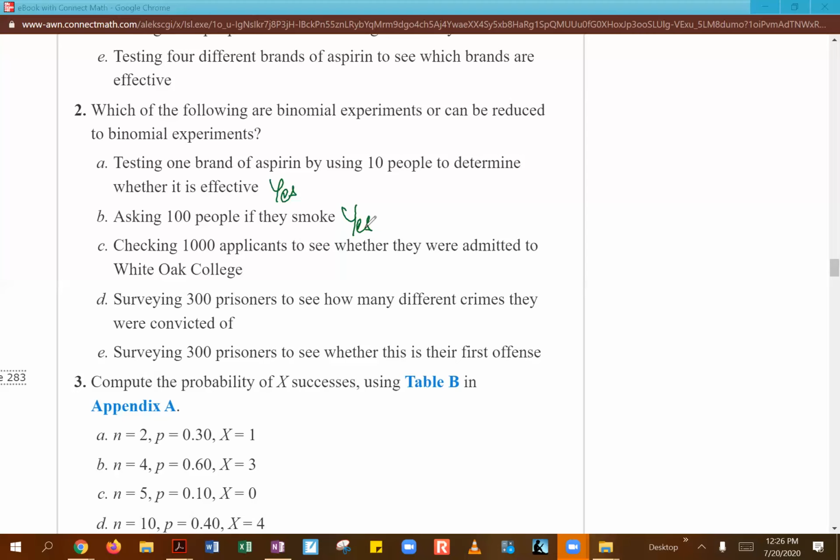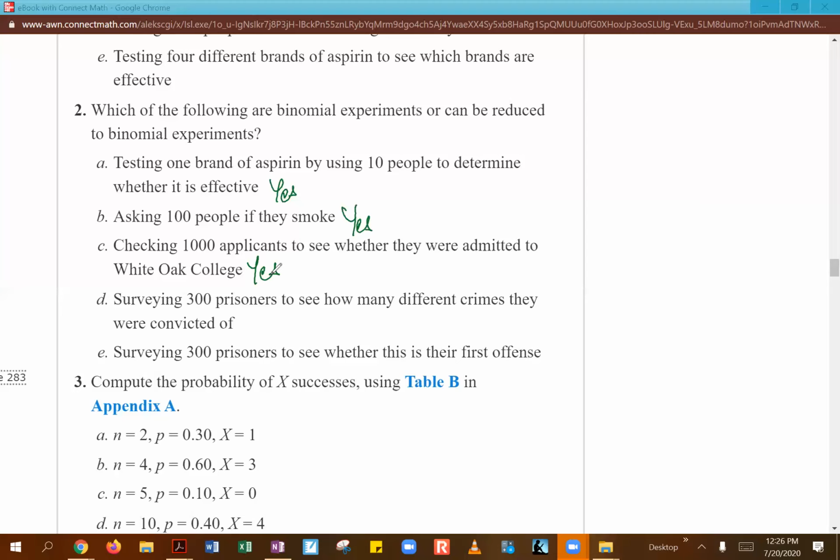They either got admission or they did not, so that could be two outcomes. And one student getting accepted will have no effect on whether the other student gets admitted or not. So you would have independent events, and then again, your probability of success will remain the same with each trial. So very nice. C is also going to be a yes.